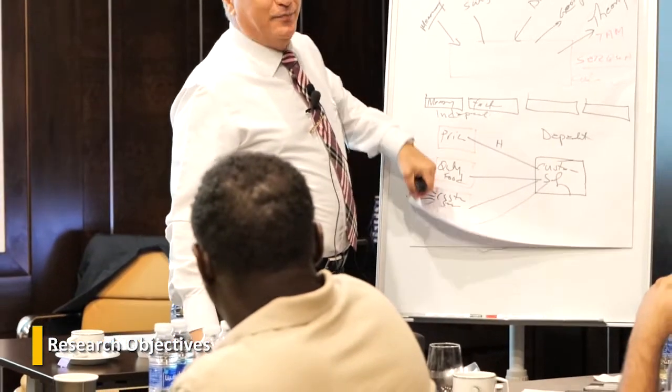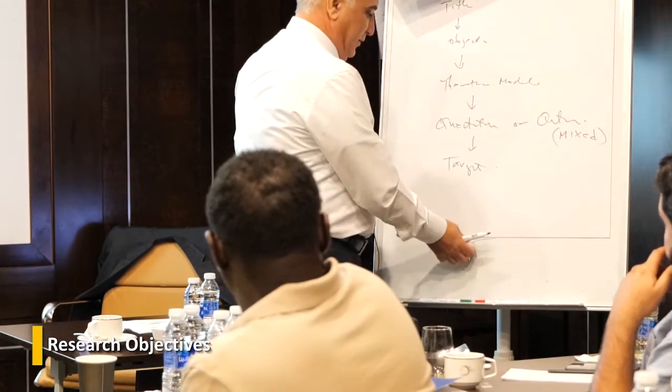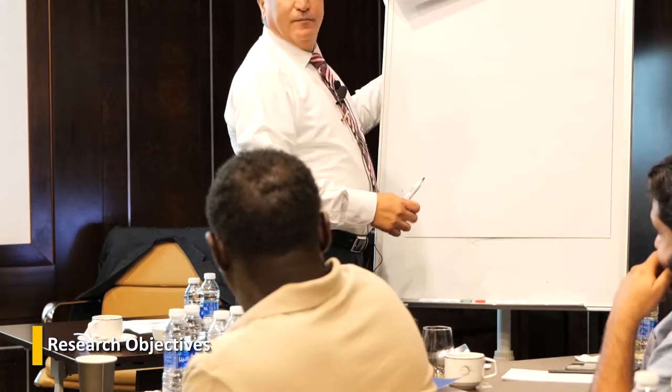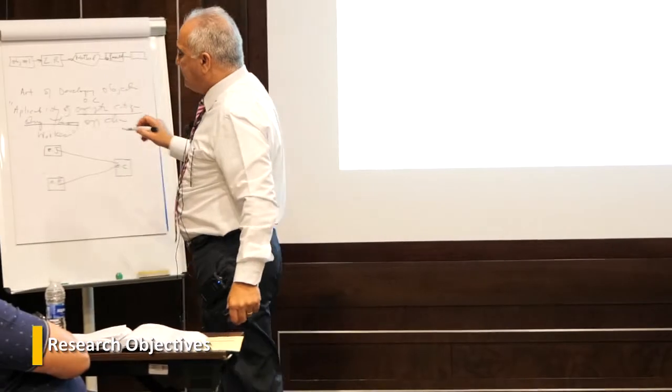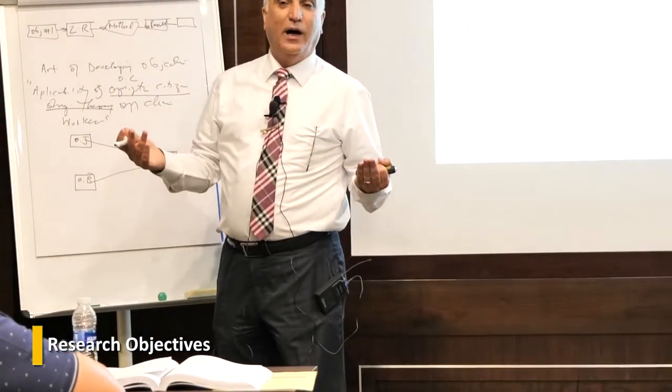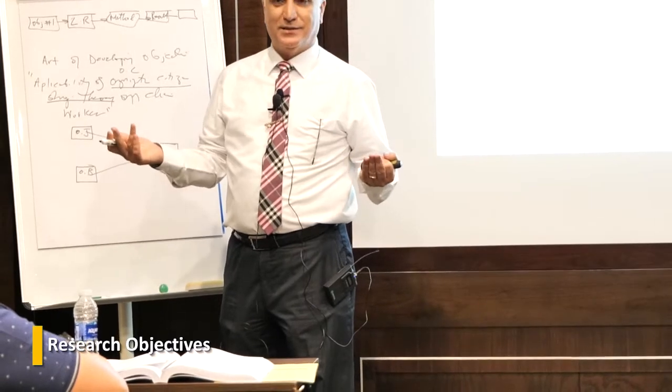So now, if I want to write an objective for this research, the first objective, and I will show you the book before you go, is, one, we need to know what the measurement scales are.